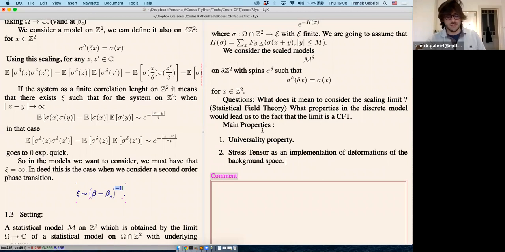Then we will see that in a statistical field theory, we already have information about the correlations. We know already that 1-point correlations are translation invariant and 0, except if the scaling dimension is 0. We will also see that you have a scaling behavior of the correlations, so you can compute the correlation of any fields X or Y, and it's exactly the same formula as for the CFT.